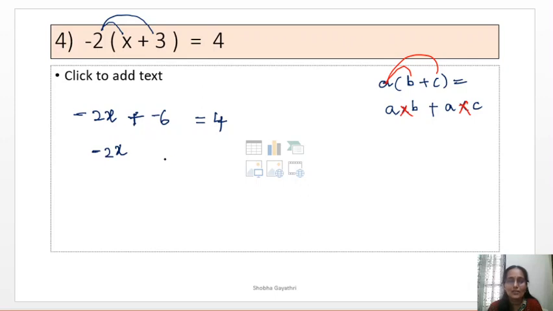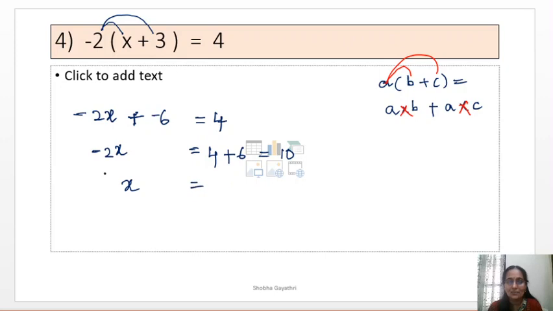Minus operation. So what will happen on the right side? When we transpose minus 6 to the right side, the sign of the number will change to plus. Now minus 2x equals 10. Now you have to transpose minus 2 to the right side.